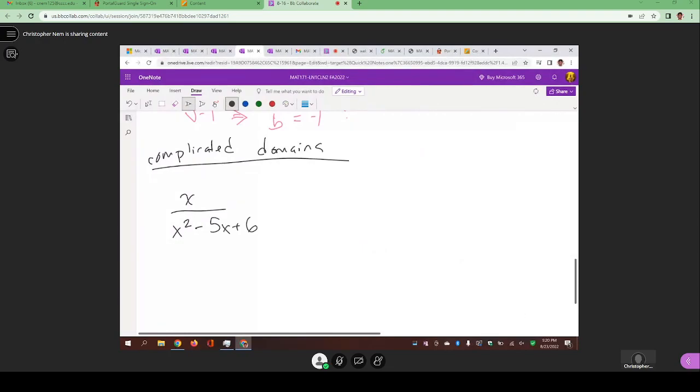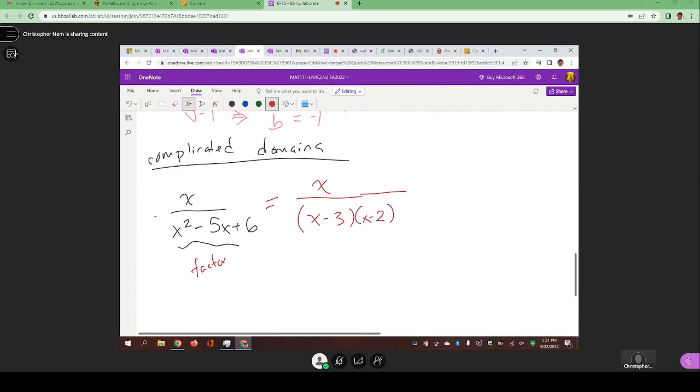That might seem like a hard one. Well, what you should recognize already is that this bottom part relates to factoring. We can factor that guy. If we factor that, this is written as x minus 3 times x minus 2.